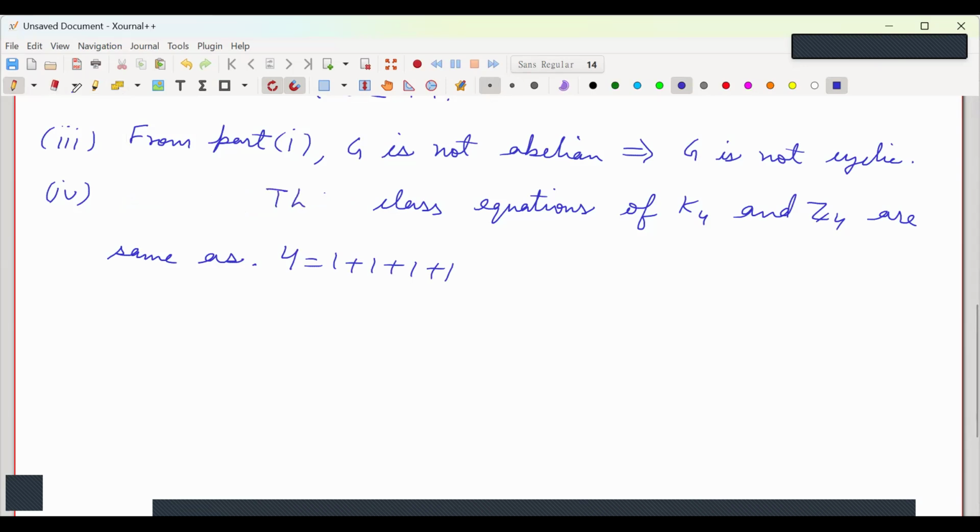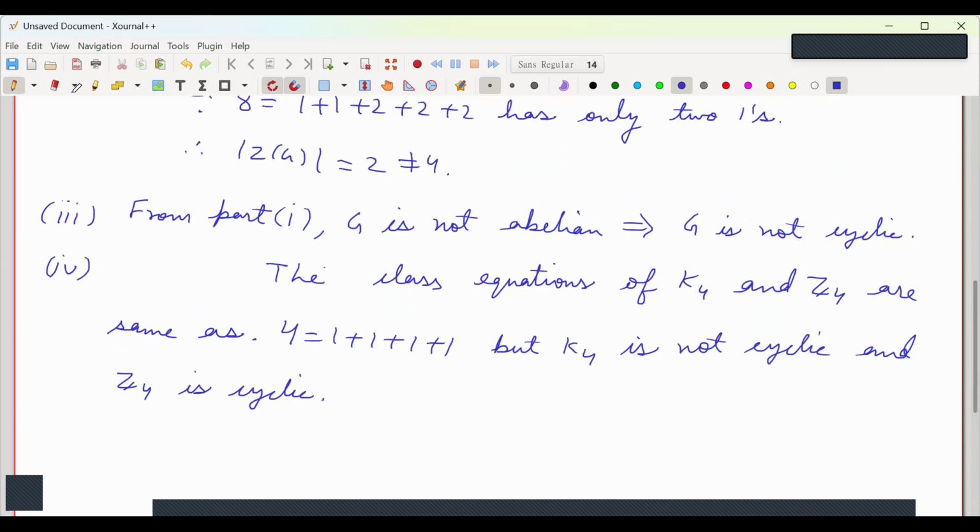The class equations of these groups are same, but A4 is not cyclic and Z4 is cyclic. So they have the same class equation, but one is cyclic, the other is not. So we can only determine at max the abelian or non-abelian nature, but we cannot say whether something is cyclic or not just by looking at its class equation.